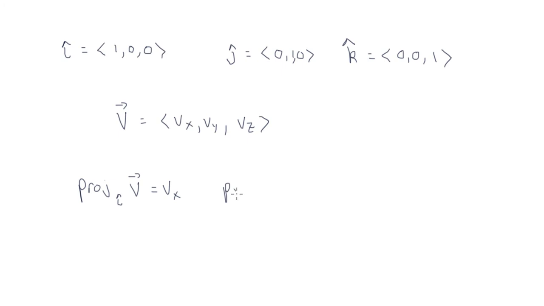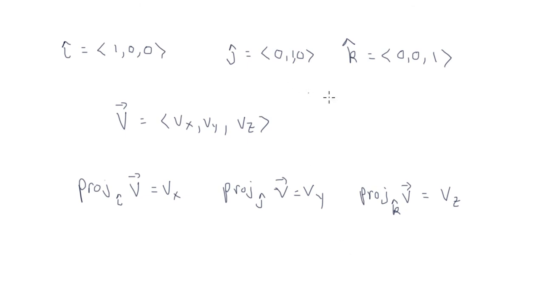We project into the j direction, or along the y-axis, that's just going to give us the y component of v. And then if we project along the z-axis, we'll just get the z component of v, like that. So this is called projection onto the coordinate axes.